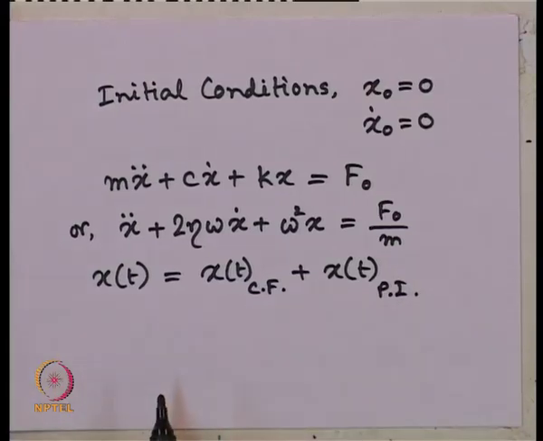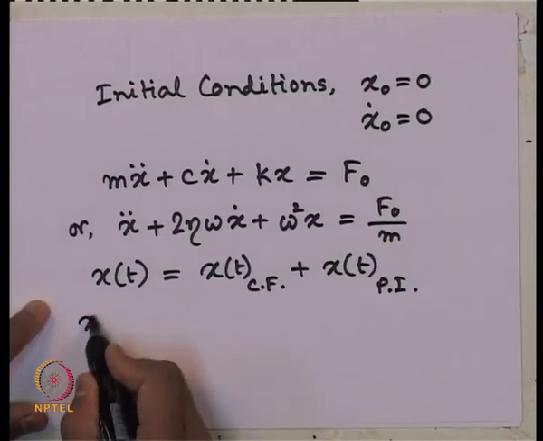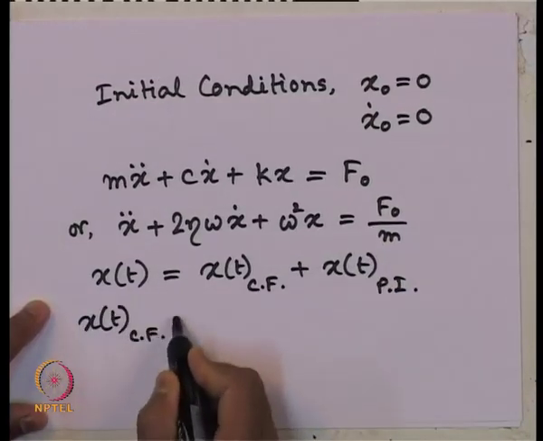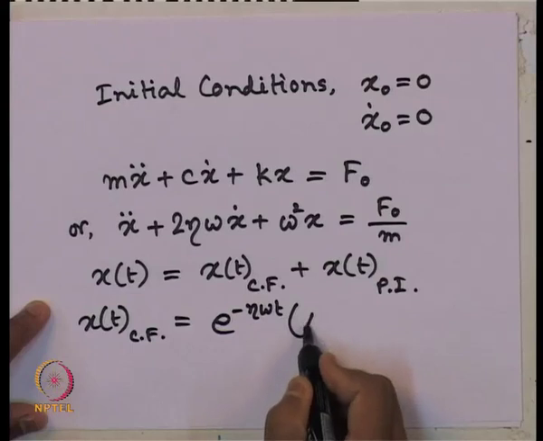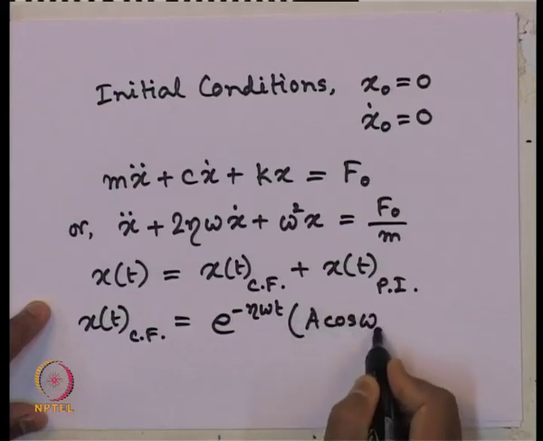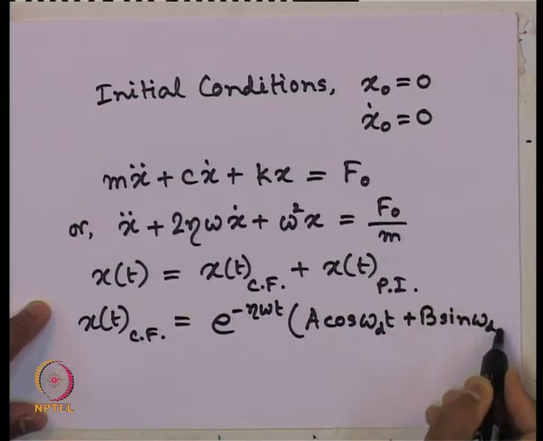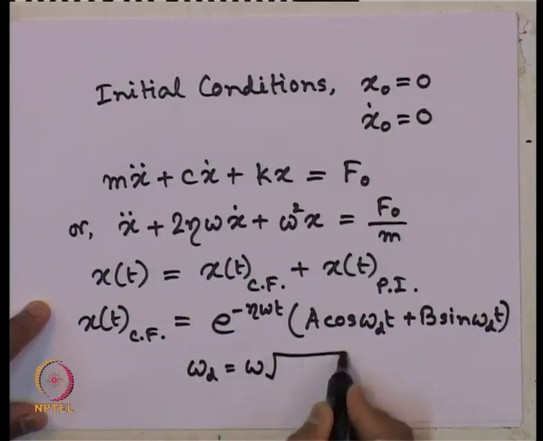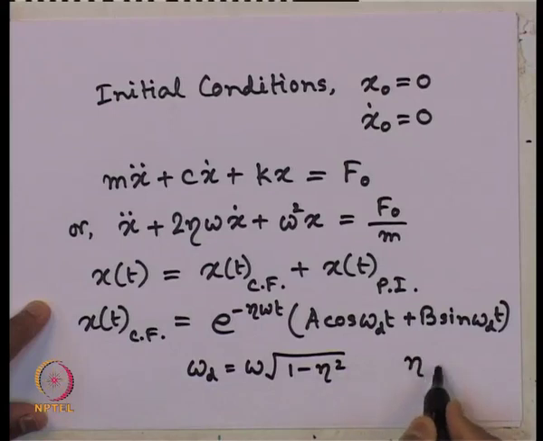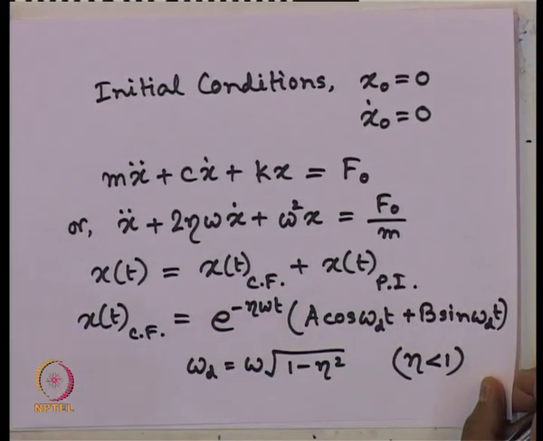And the complementary function we know, if we equate the right side to 0, we will get the complementary function. So, x(t) complementary function is already known to us, which is e to the power minus eta omega t, a cosine omega_d t plus b sin omega_d t, where omega_d is nothing but omega times root over 1 minus eta square, and of course, eta less than 1, the underdamped case we are considering. So, this solution we know. We need to find out this particular integral.